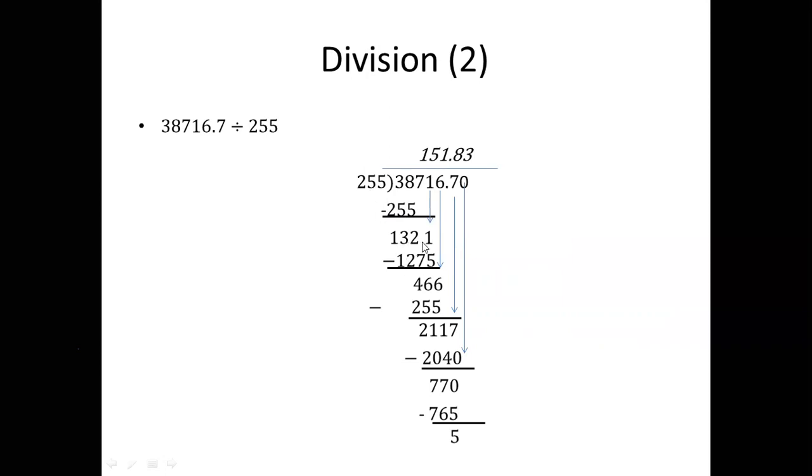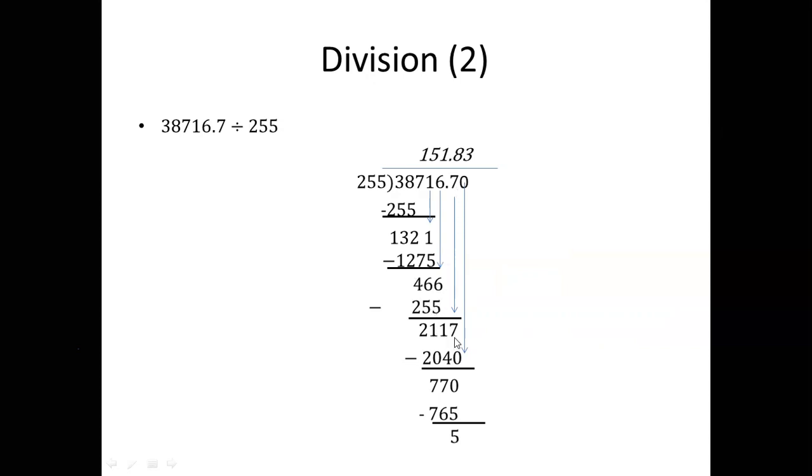We subtract 1321 minus 1275, we'll get 46. Now, after getting 46, we bring down 6 so that it becomes 466. And then how many times does 255 get into 466? That's 1. So we multiply 1 by 255, we get 255. We subtract 466 minus 255, we get 211.